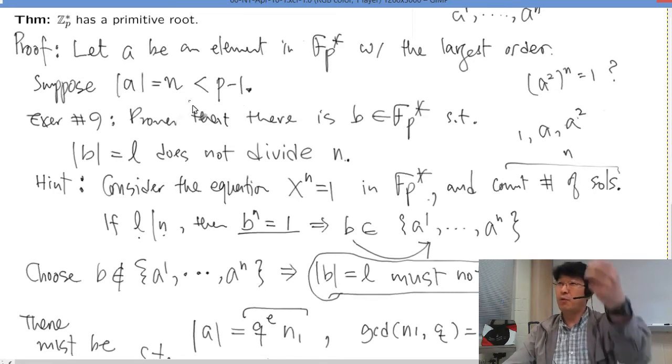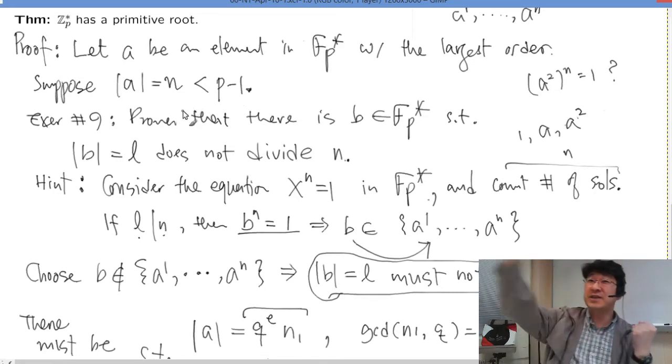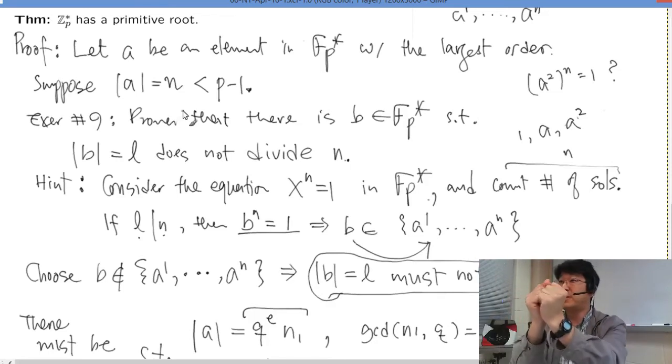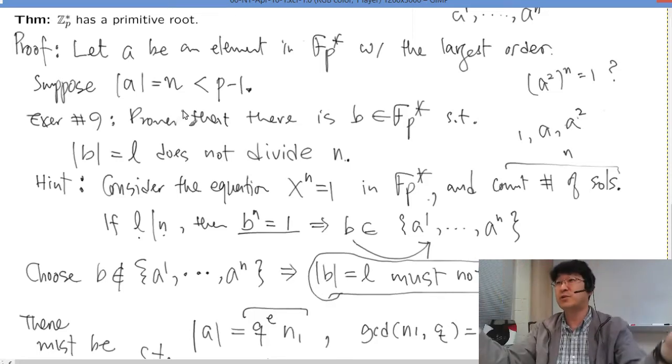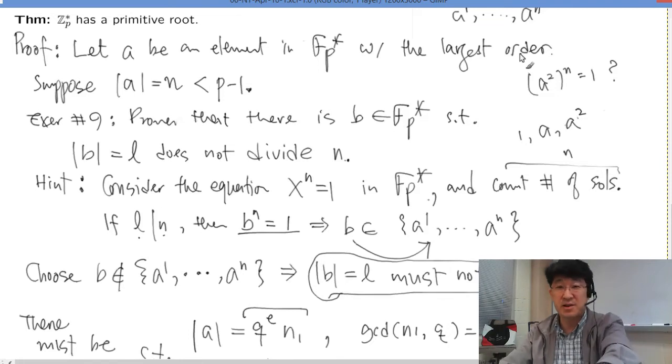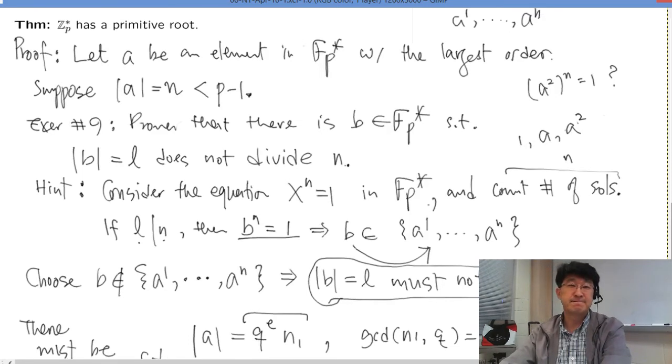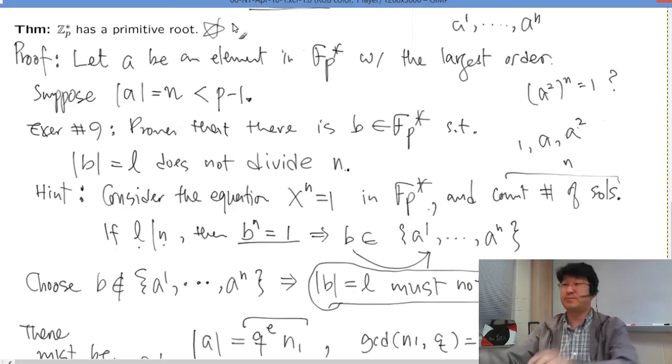Because of that, we pull out b outside that set of a1 through an, right? And then we're able to cook up a times b and a larger order, right? So it contradicts the largest order. Therefore, this must be p minus 1. That is a proof of what? Proof that it has primitive roots.